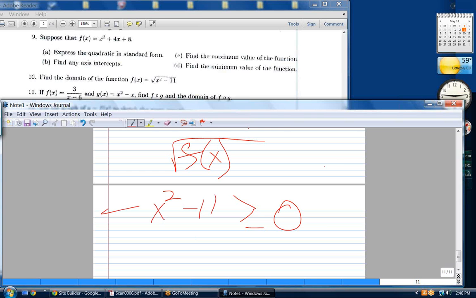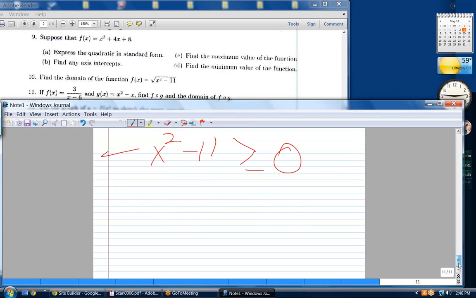Now, I'm not sure we've actually encountered this before, but if I have a problem like x squared is greater than or equal to 4, then taking the square root, it's not so obvious what the final answer is. It's clear that x could be greater than or equal to 2.